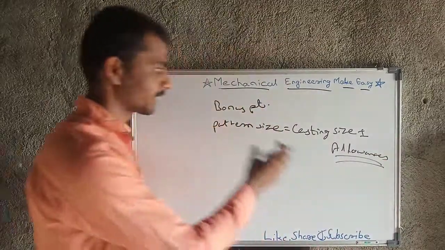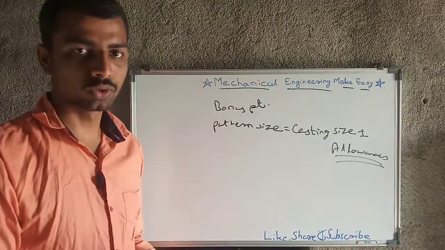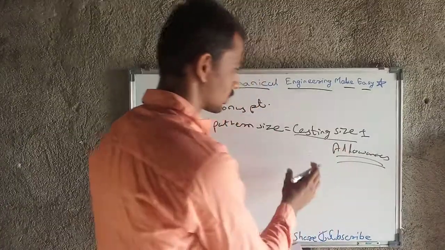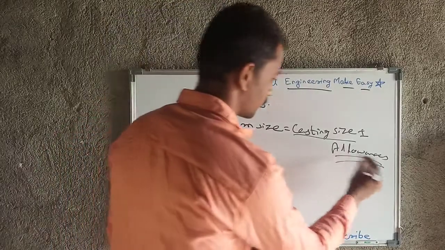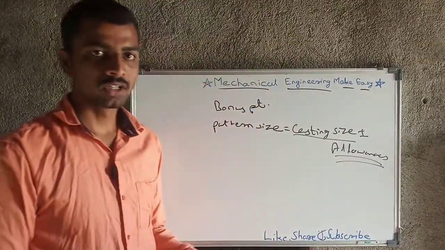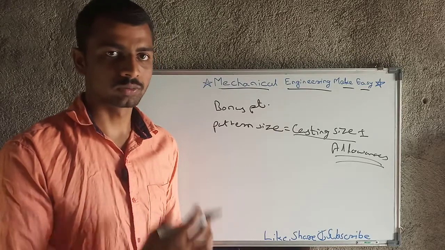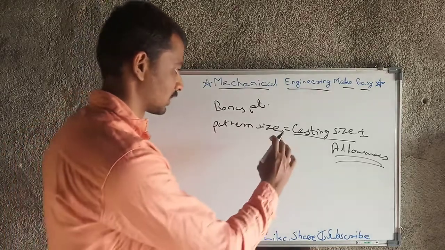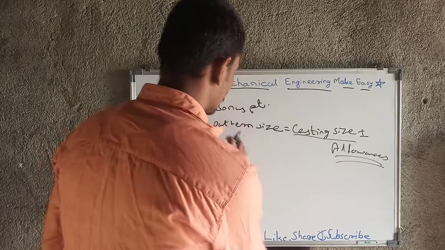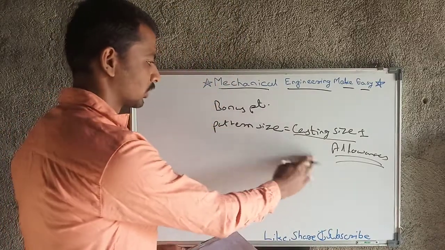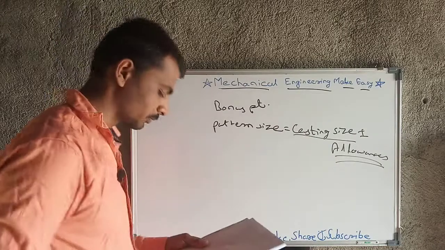As I have said, in pattern making the pattern is somewhat larger than the casting size, and exactly how much depends on the different allowances I have given you an idea about: the draft allowance, shrinkage allowance, machining allowance, etc. This is one formula, you can say. This is also important. The numerical may come from this formula.